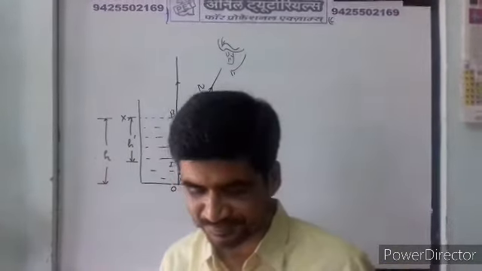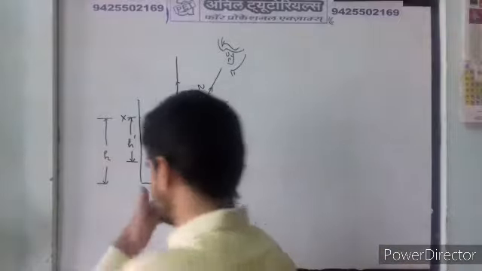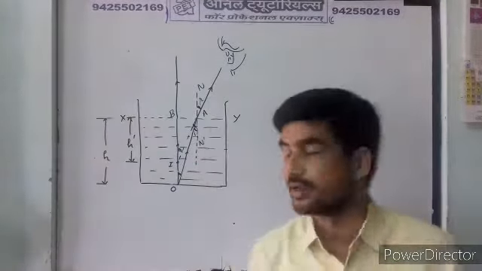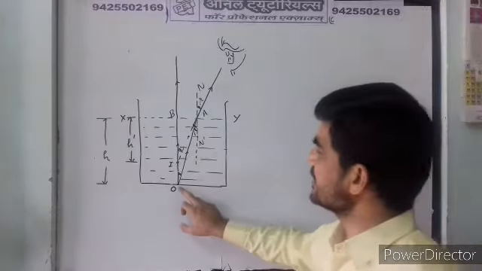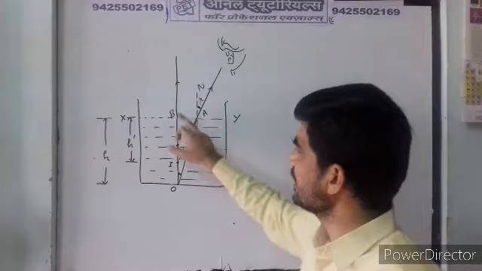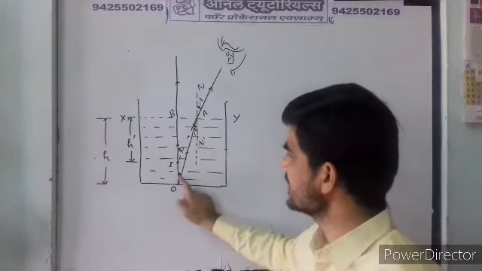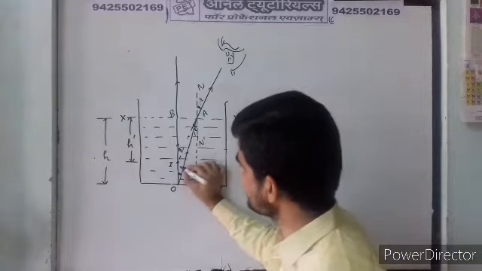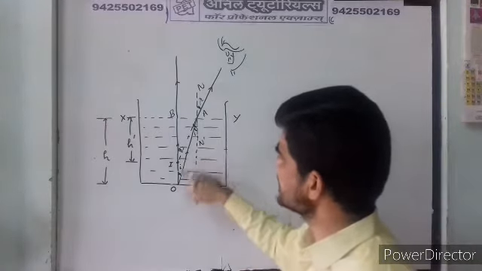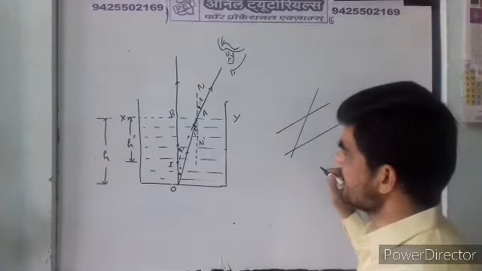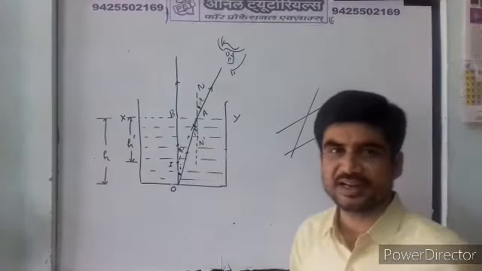Is it clear? Now see, when we observe the triangle OAB, in this triangle this angle is i, equal to the angle of incidence. How can you say this angle is i? Just see these two parallel lines. The alternate interior angles will be equal.